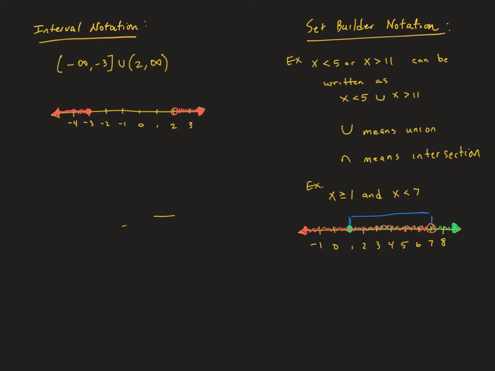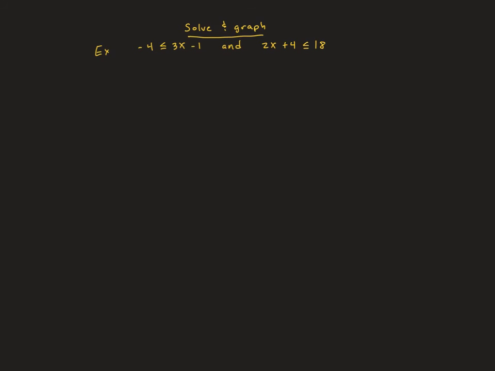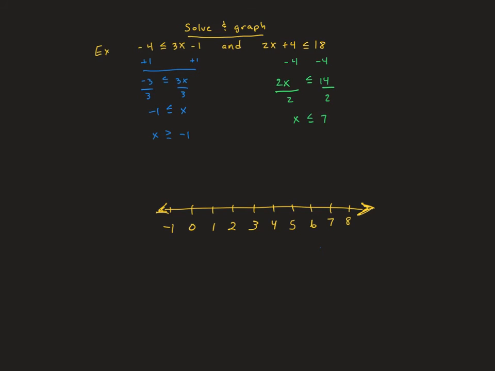We're talking about our compounds. So as we go back, if we were to solve and graph these, we would solve them independently, and then we would graph them. So I'm going to do that real quick. As I solve and graph, I've taken the inequality negative 4 is less than or equal to 3x minus 1.